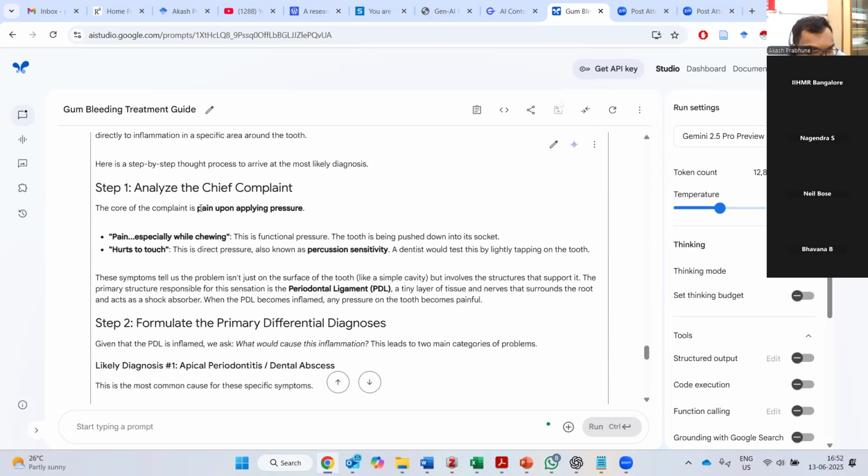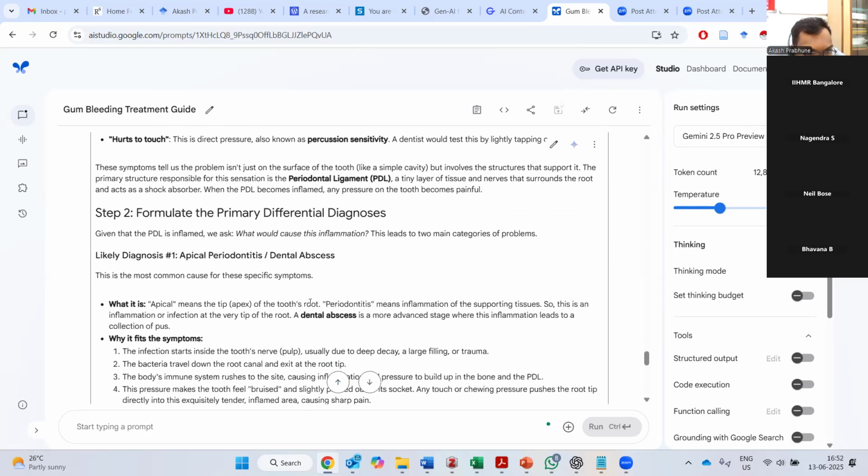So, analyze the chief complaint. Functional pressure is being pushed down into the sockets. Direct pressure percussion is positive. It has also mentioned periapical widening. So it is likely apical periodontitis or dental abscess.